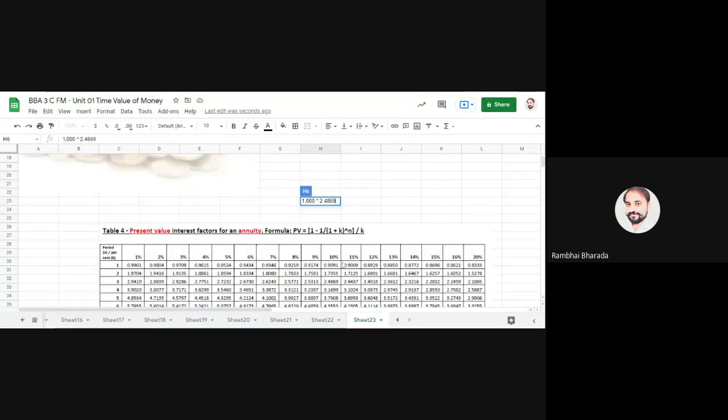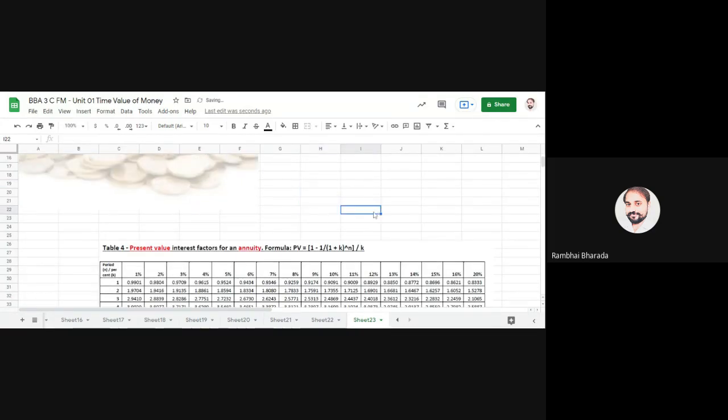So write down the value here, 1000 into 2.4869. Just do the multiplication, you will get the answer: 2486.9.